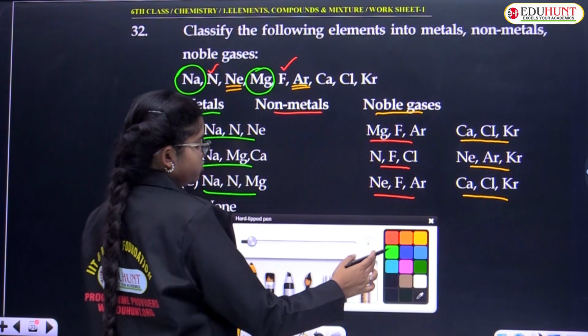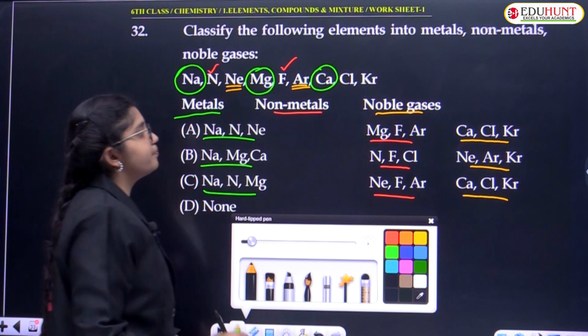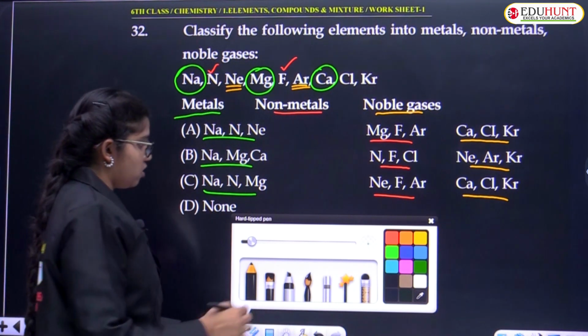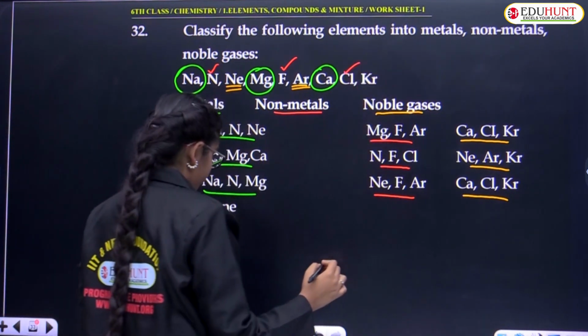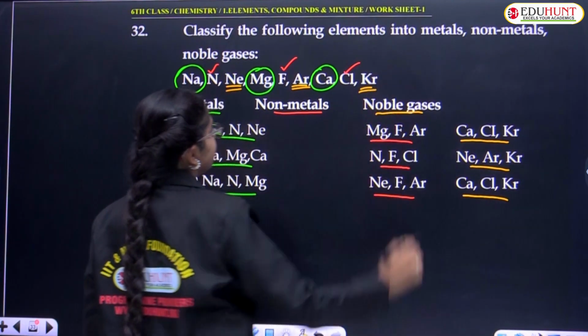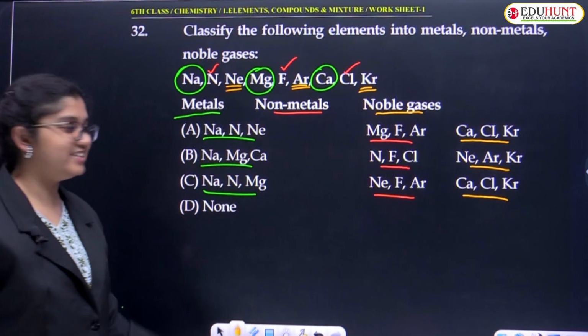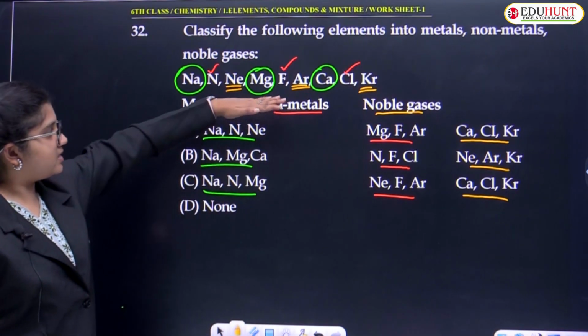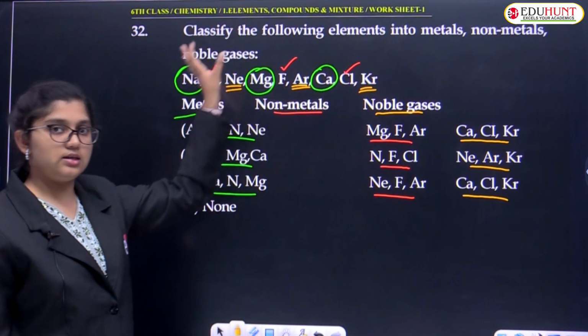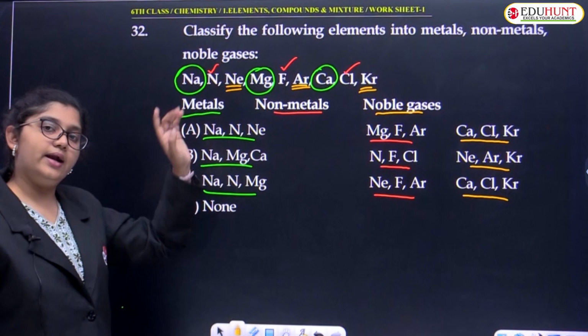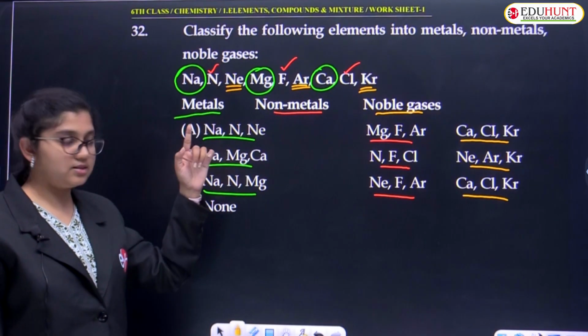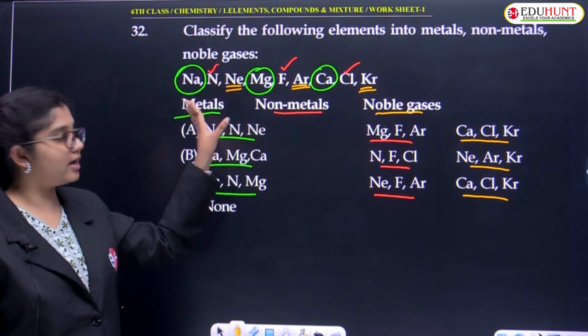Calcium is a metal. Chlorine is a non-metal. And krypton is a noble gas. They gave it in a zigzag manner. Did you clearly understand the color combinations? I circled metals with green color, tick marked the non-metals with red ink, and double underlined the noble gases.